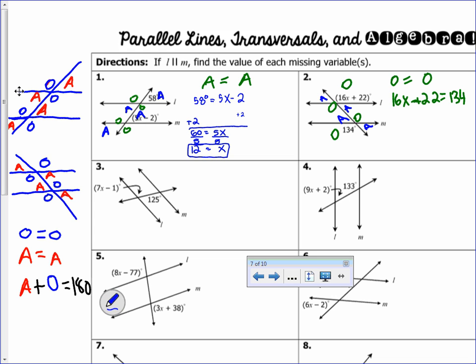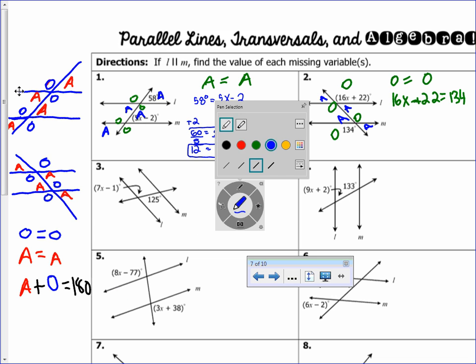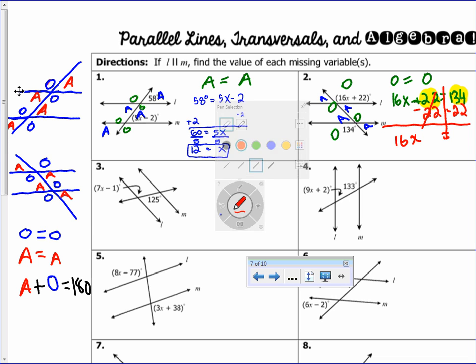Alright, if you struggle with algebra, you want to get the x term by itself and combine the like terms. I'm on two sides of the equal sign, so I'm going to subtract 22 on both sides. 16x equals 134 minus 22 equals 112.